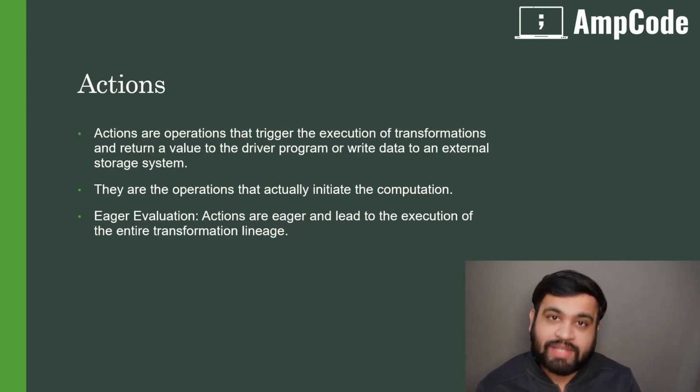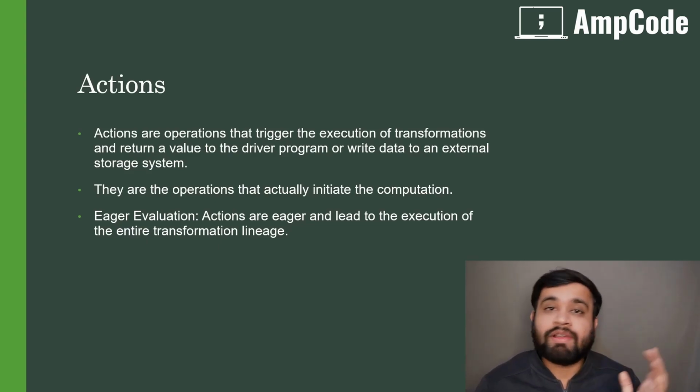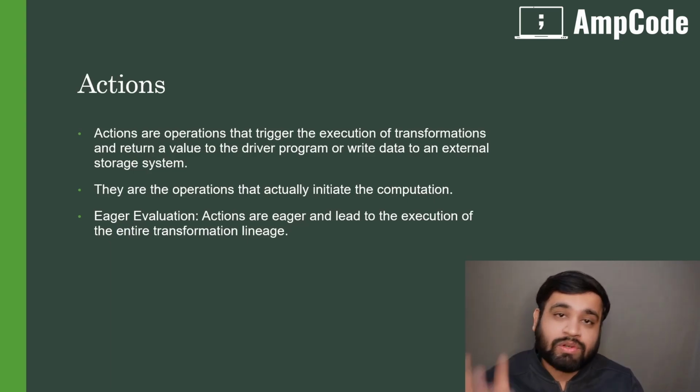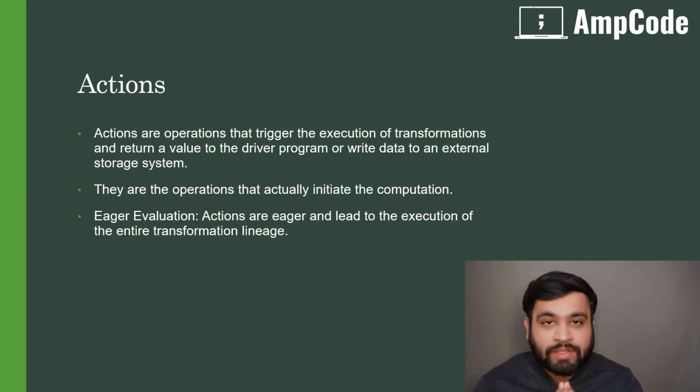They cannot be changed. So for applying a transformation, you have to create a new data frame or RDD, and it can create several RDDs or data frames in your code. Once you call an action on the final data frame, it has to run the whole logic and the execution plan under the hood. So that is how eager evaluation works.